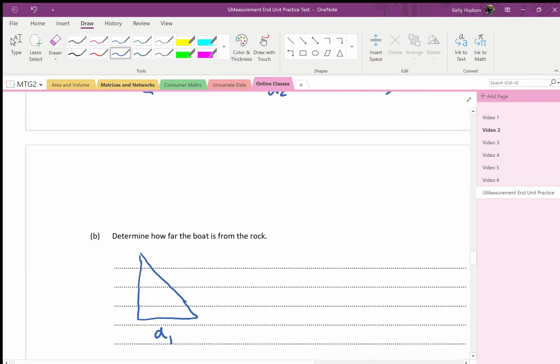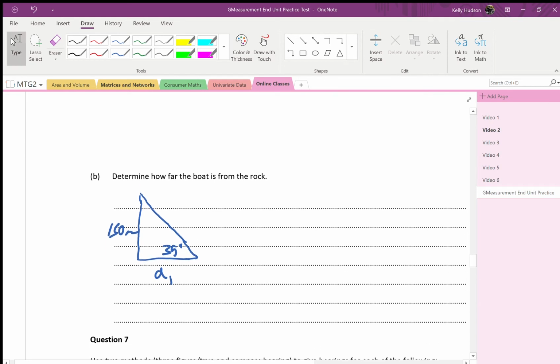This is 39 degrees and it's 150 metres high. So my ratio I'm going to use will be my tan ratio. Why my tan ratio? Because I've got opposite and I've got adjacent. So tan 39 degrees is equal to 150 all divided by x.